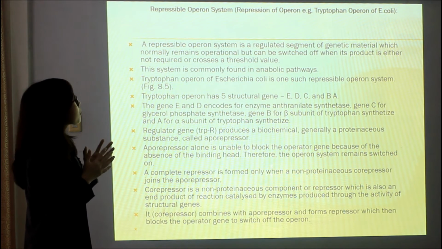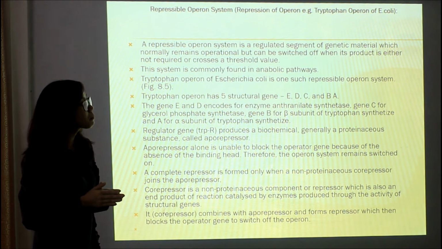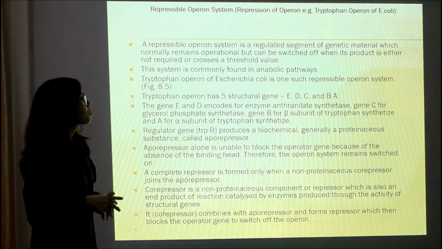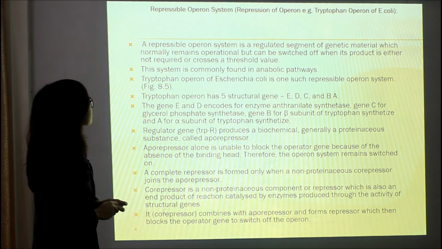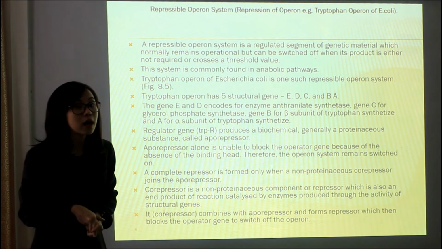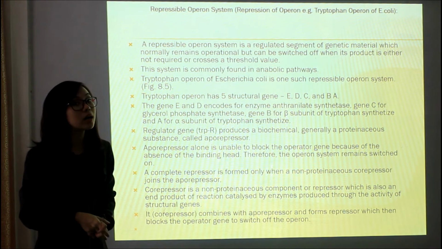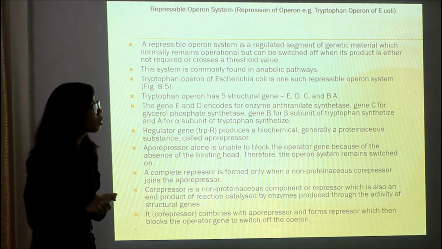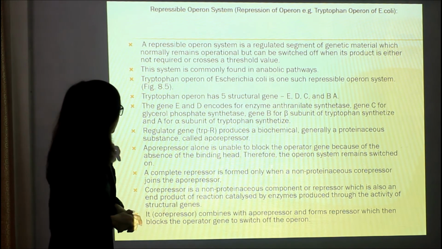So, a repressible operon system is a regulated segment of genetic material which normally remains operational but can be switched off when its product is either not required or crosses a threshold value. This system is commonly found in anabolic pathways. The tryptophan operon of Escherichia coli is one such repressible operon system.